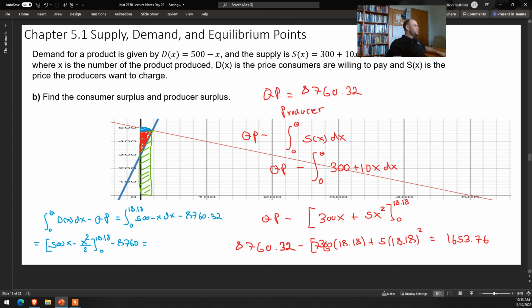Now let's do the evaluation. Let's see, if we plug in 18.18 times 500 minus 18.18 squared over 2, I got 8,924.74, and then we subtract 8760.32.